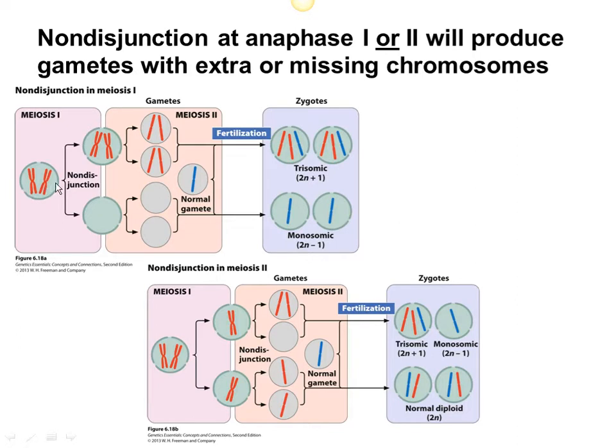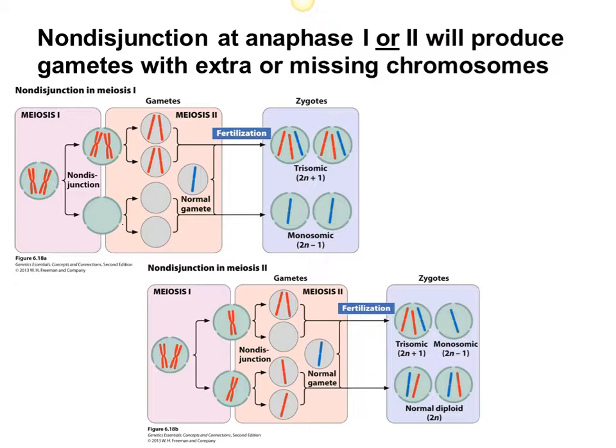Normally, if you have a pair of homologous chromosomes, one of the pair should end up in this daughter cell and the other one should end up in this daughter cell. This daughter cell here is not empty, it just doesn't have any of the red type of chromosomes. So let's assume all the other types of chromosomes are segregating correctly.